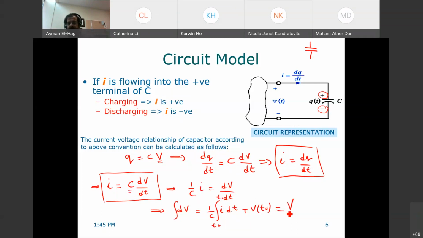So to find the voltage of the capacitor knowing the current, I take the integration from a certain time T0 to T1, the time I want, and I have to add the initial conditions. If the capacitor initially doesn't have any charge, it means it doesn't have any voltage, then this will be equal to 0, and the voltage is basically equal to this formula.